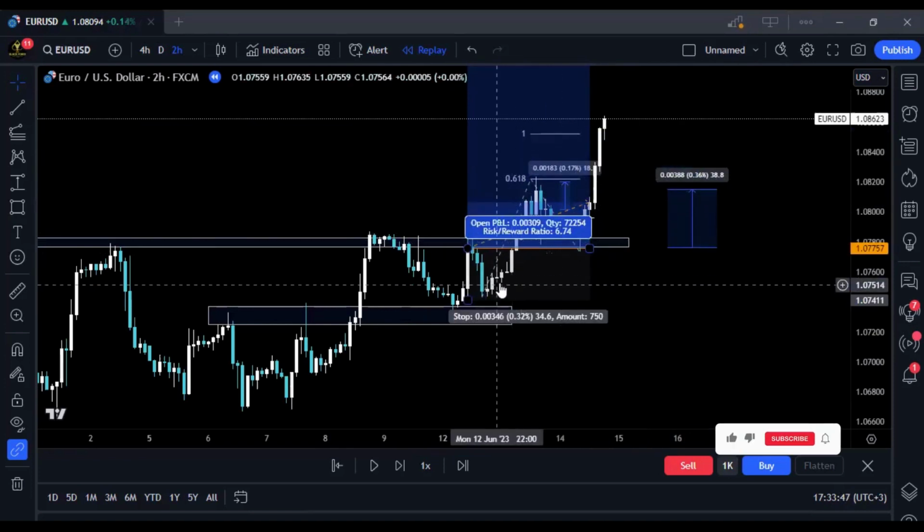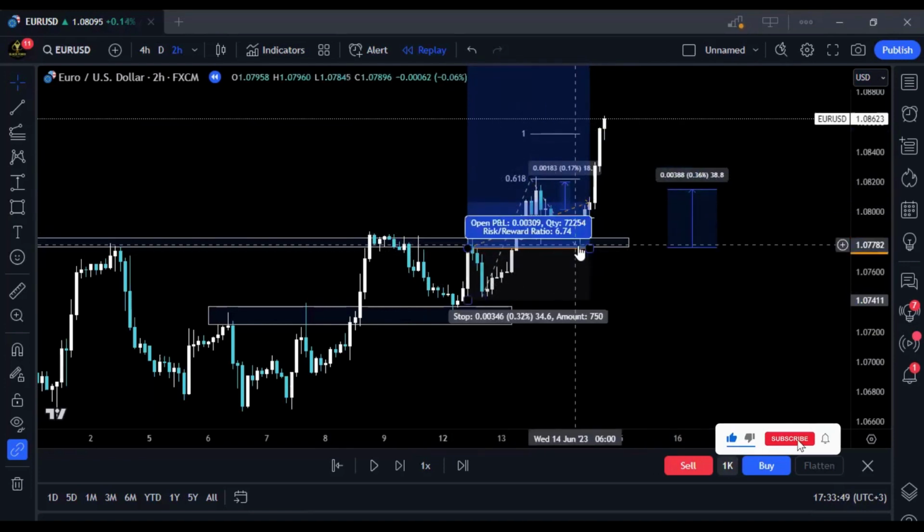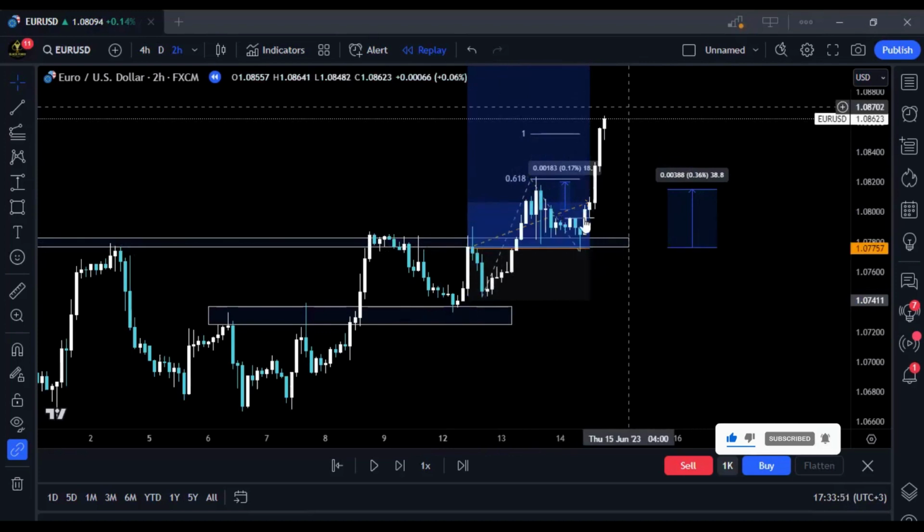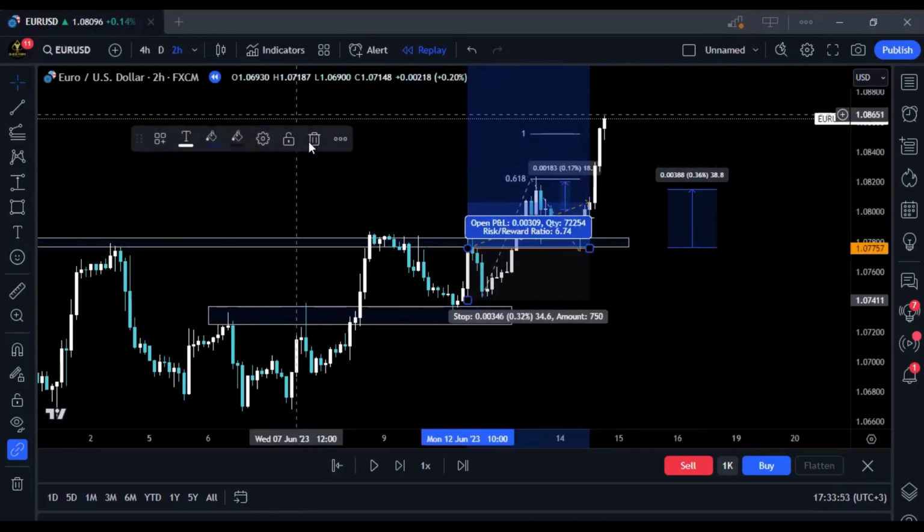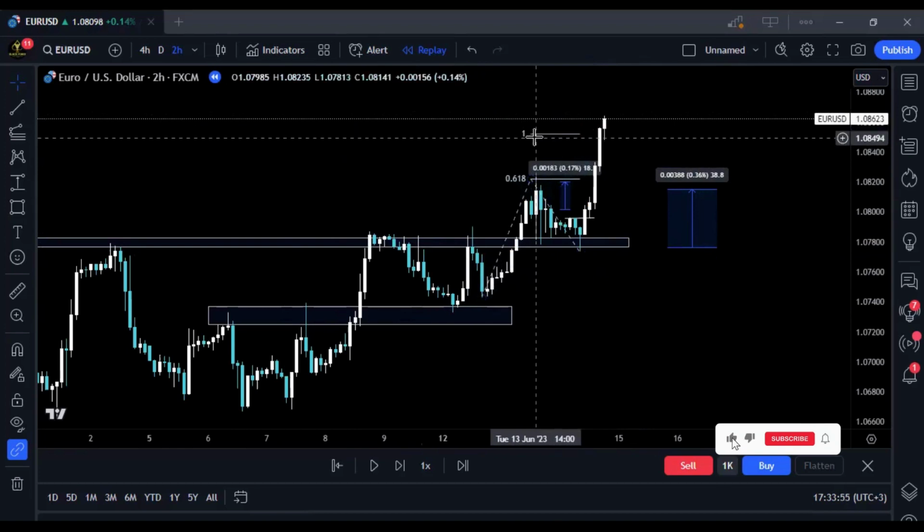With this one, it happened on the 12th, we just took it out on the 14th, and then this trading opportunity presented itself on the 15th. We missed it, obviously for obvious reasons.